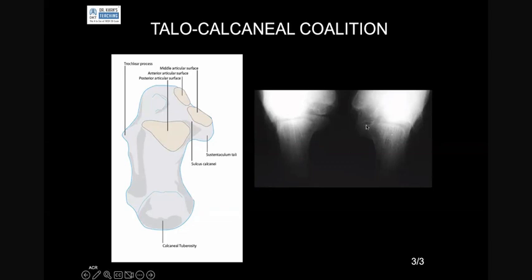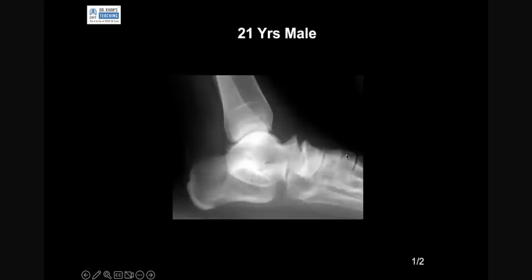talocalcaneal joint. And now, if you look carefully, you will see that there is a bit of sclerosis and irregularity as compared to this. So this is another talocalcaneal coalition, and it is not bony. There might be a fibrous or cartilaginous component here. Another case is a gross case, because it is bony.